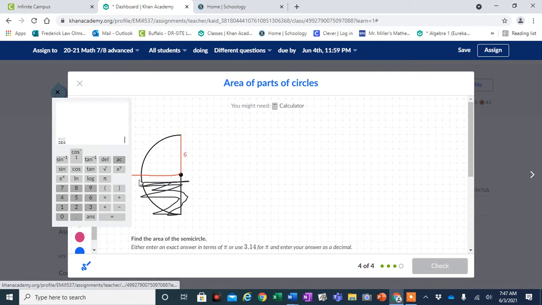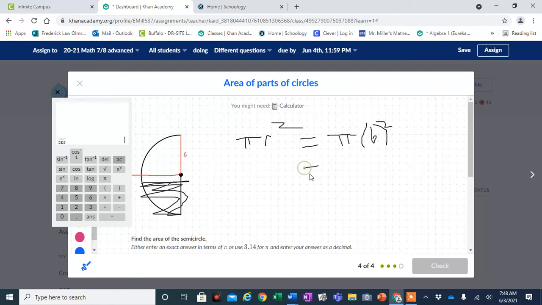So again, pi times the radius squared, which is pi times 6 squared. 6 squared is 36 pi. Again, that would be the area for a whole circle. Let's pretend that we only got the top part here, so we only got a quarter of a circle.